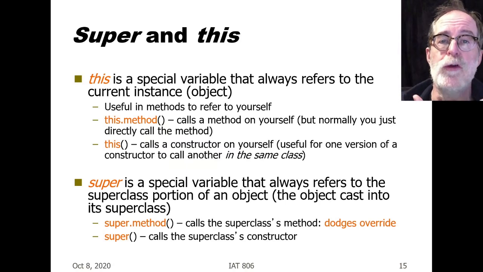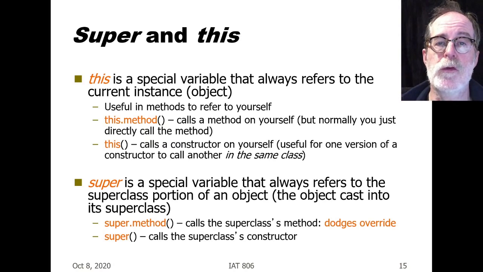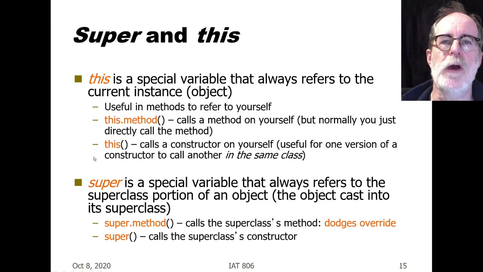So the no-parameters constructor has a bunch of pre-computed starting values, and then you simply call the more-parameters constructor from the 0-parameters constructor. The way to do that is by saying this, with a parameter list. It's just a way of referring to which constructor, and you have to do it by saying this and not by calling the constructor directly.